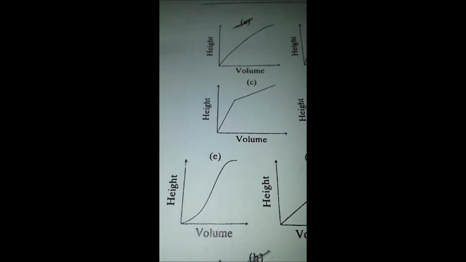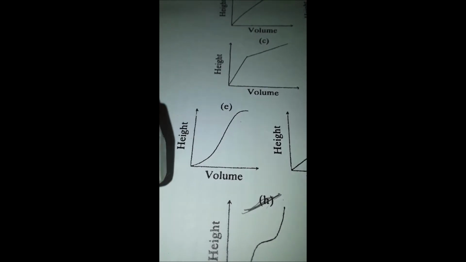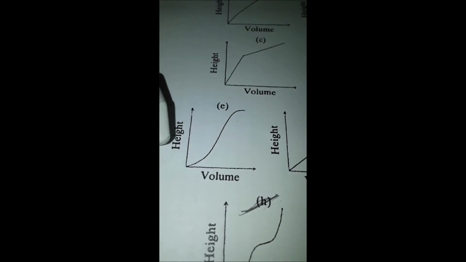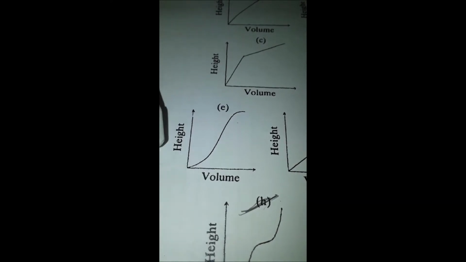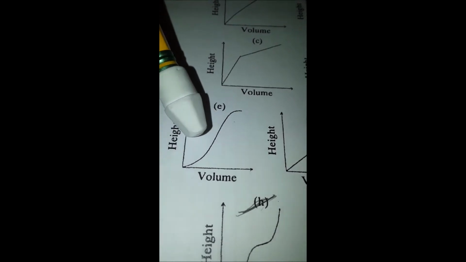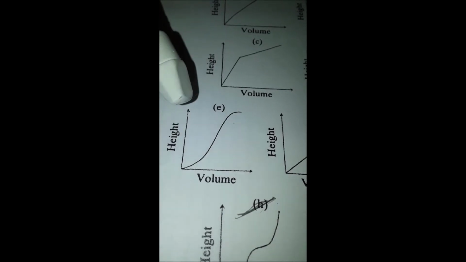So that's what we graphed it with letter E. Because as you can see, there is an increase in volume and a decrease in height at the very beginning. But as you start to fill it up more, you can see that there's an increase in height rather than in volume. And then once you start filling it up more, you see that the volume would start to increase, thus the height will decrease. So that's the reasoning behind graphing it with letter E.